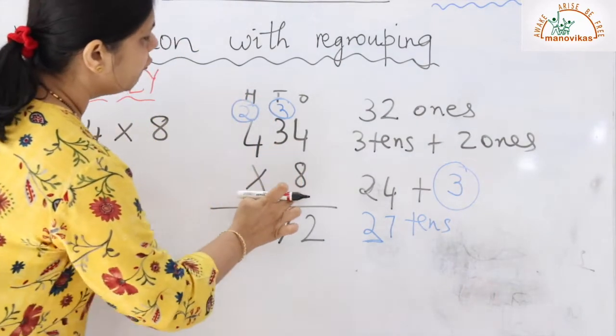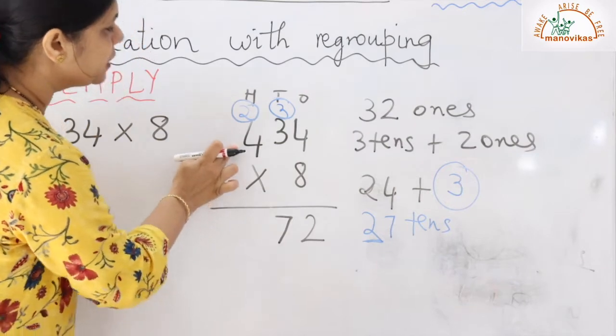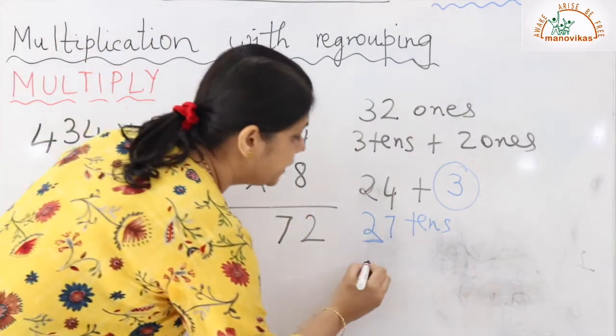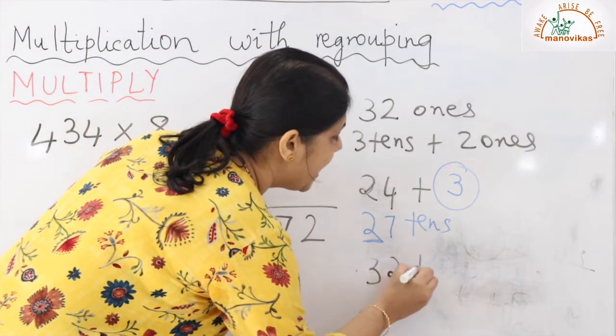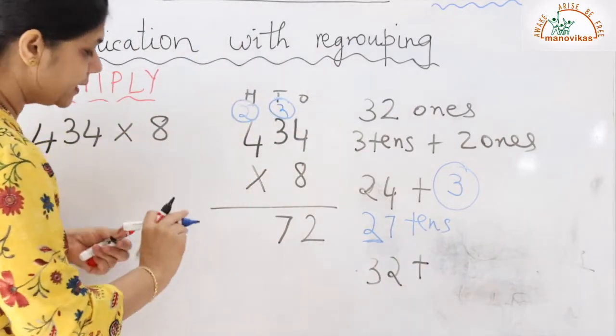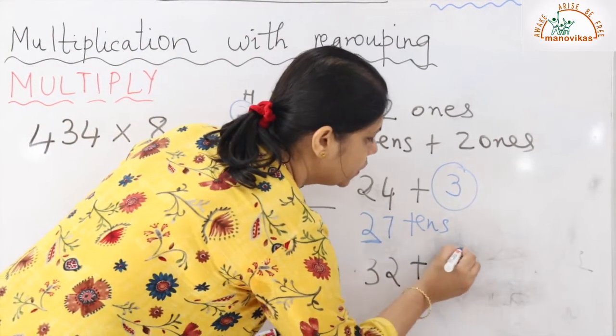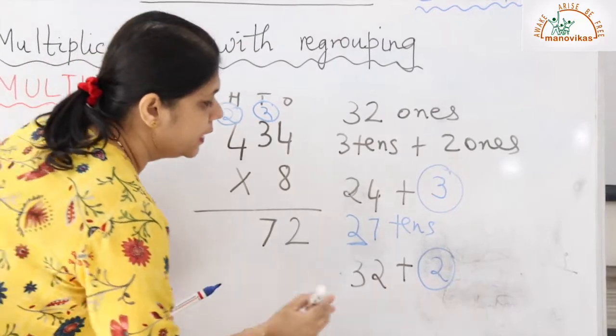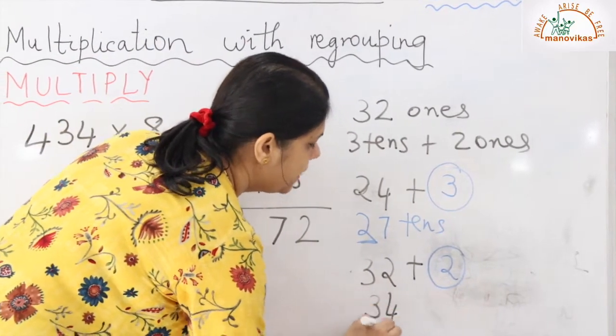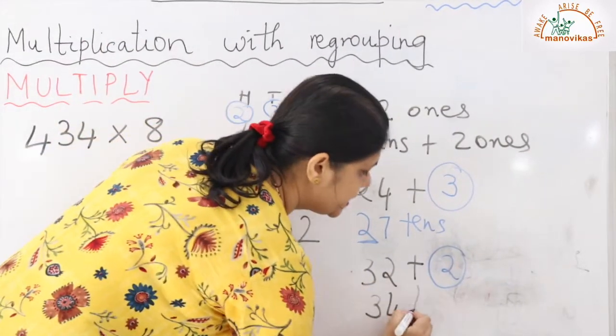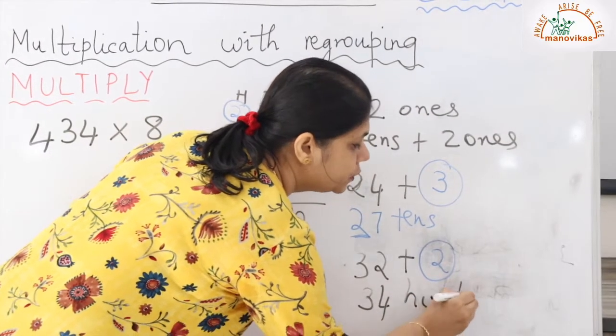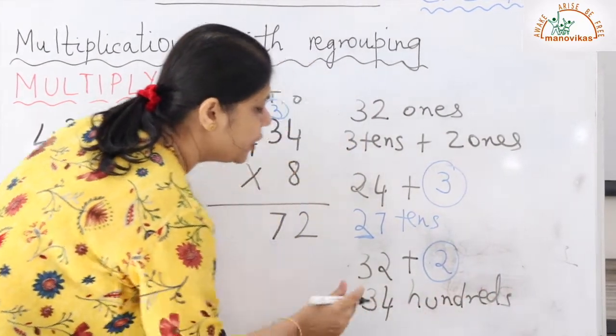Now again, 4 eights is how much? 4 eights is 32 plus, what is the carryover here? 2. So 34 hundreds, correct? So what will you do here again? Which number are you going to write?